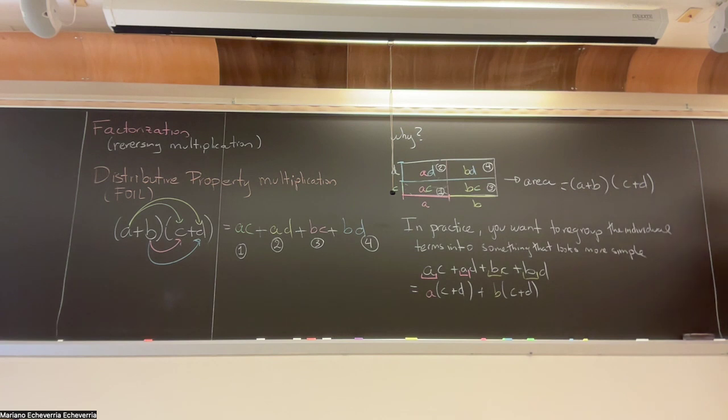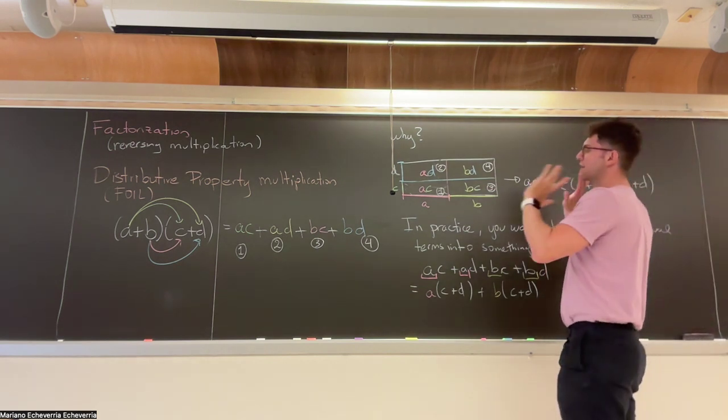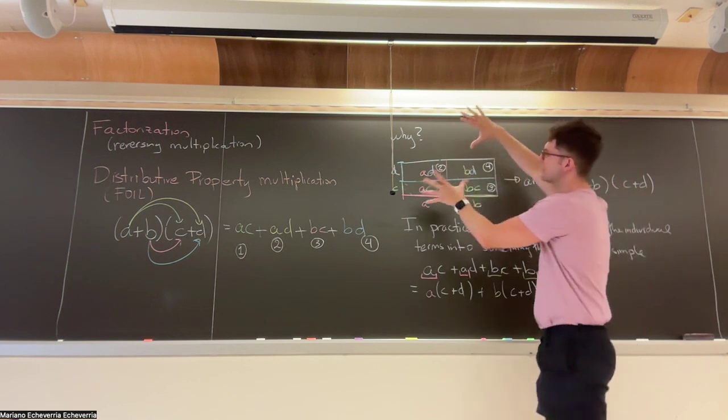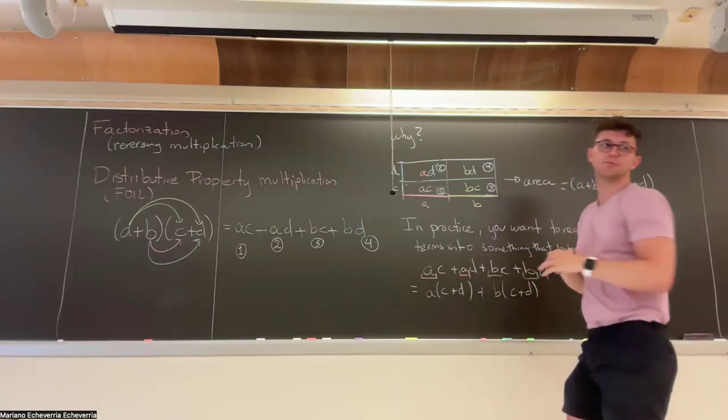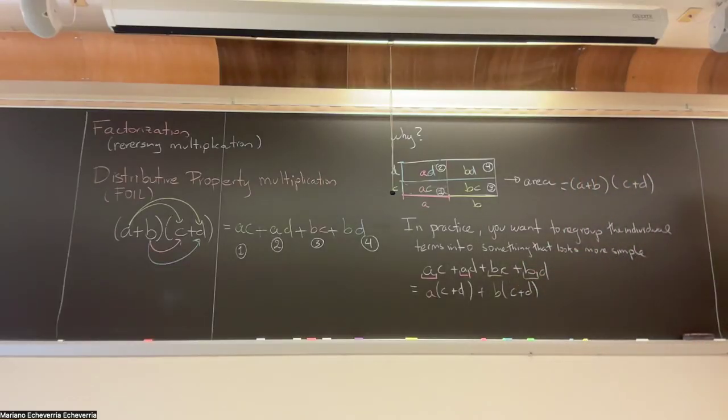So this, which you typically refer to as factorization, is really just saying, in terms of area, that when you had these four pieces, you can put two together and these other two together and the areas have to be the same.